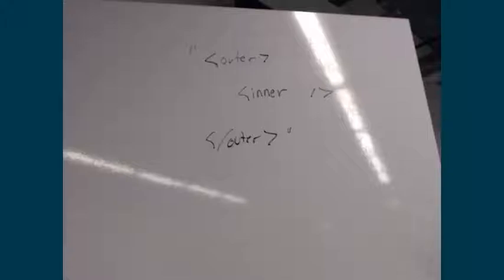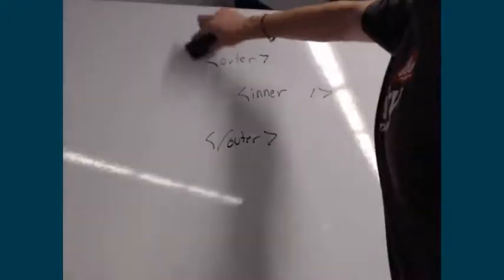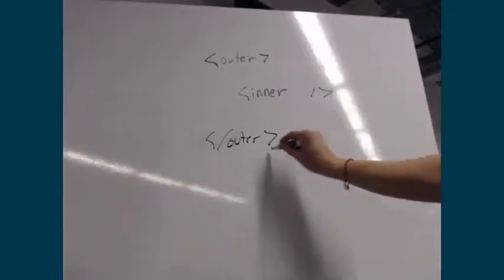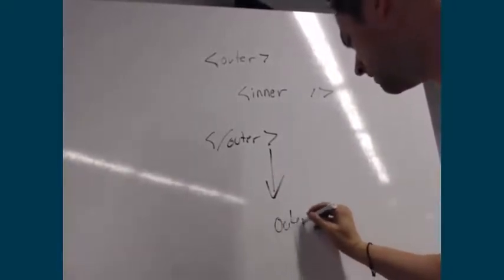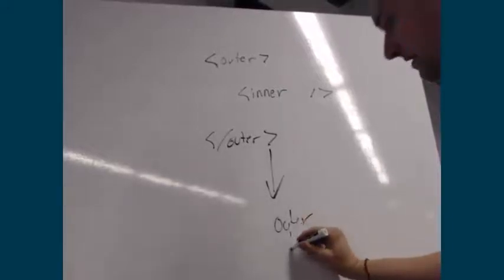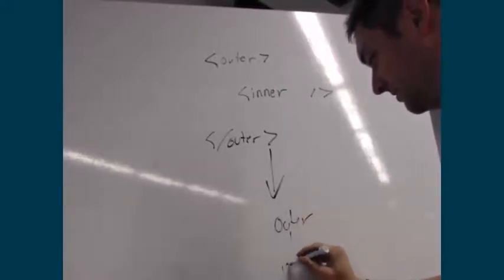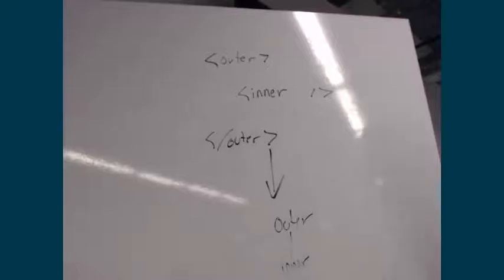It's just a string. However, it gets parsed into the DOM by your browser. So this becomes an outer node that has a child inner node.